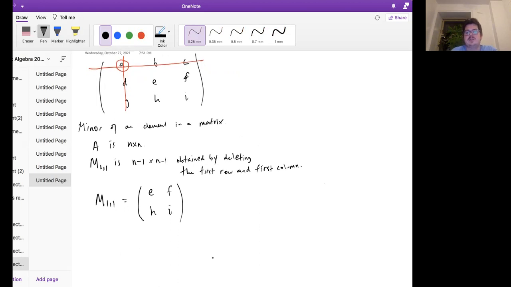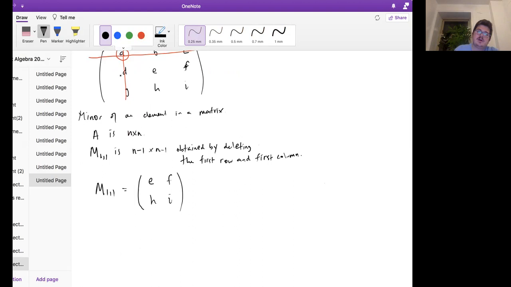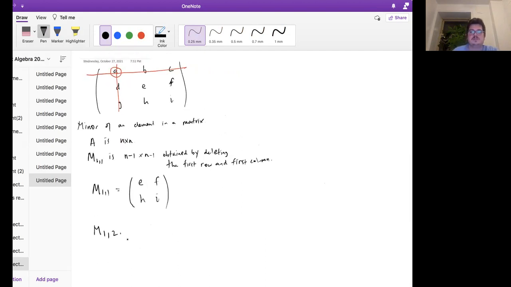Everyone get the concept? So 1, 1, we look at the entry 1, 1 and delete all the entries in that row and column. So what would M 1, 2 be? So I look at entry 1, 2. Or let's do 1, 3 to make it easier to look at. So I look at entry 1, 3, and I delete all entries in that row and in that column.